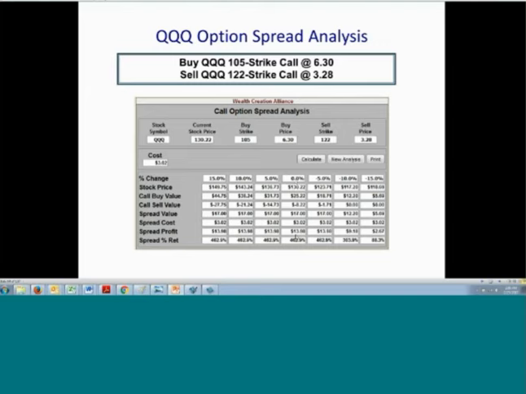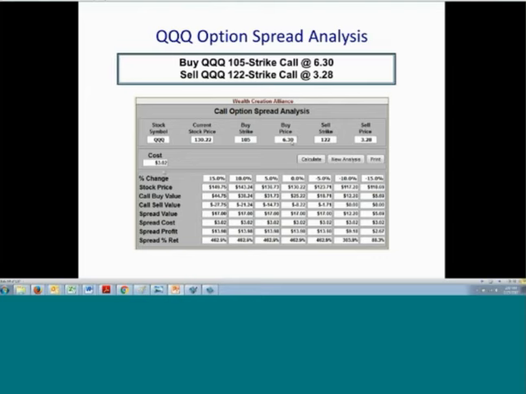If that occurs, then we'll have a $1,398 profit and a 462% return. And if the QQQ is up at all at option expiration, we'll have the same profit, $1,398, 462% return.